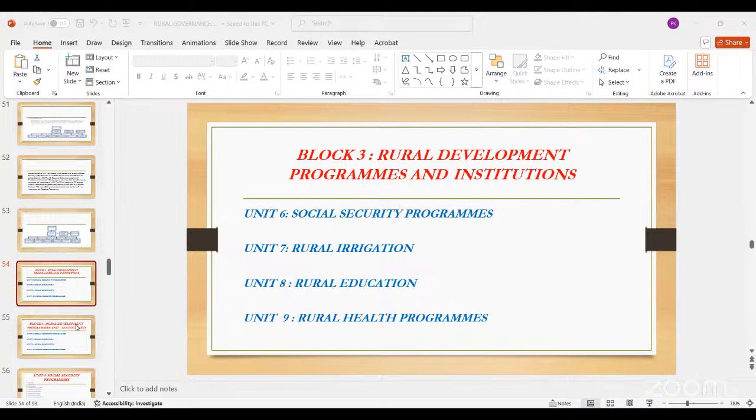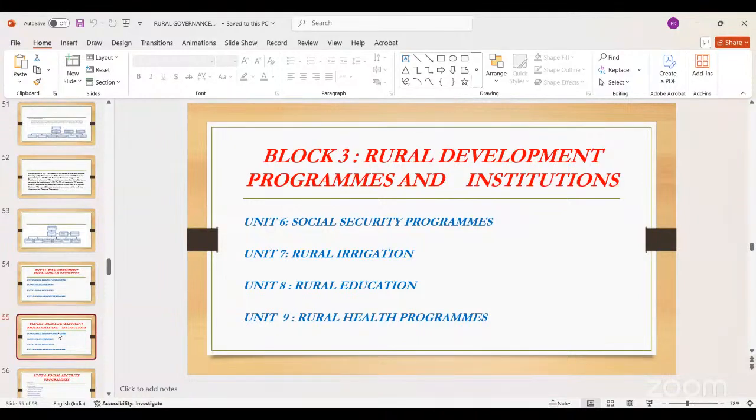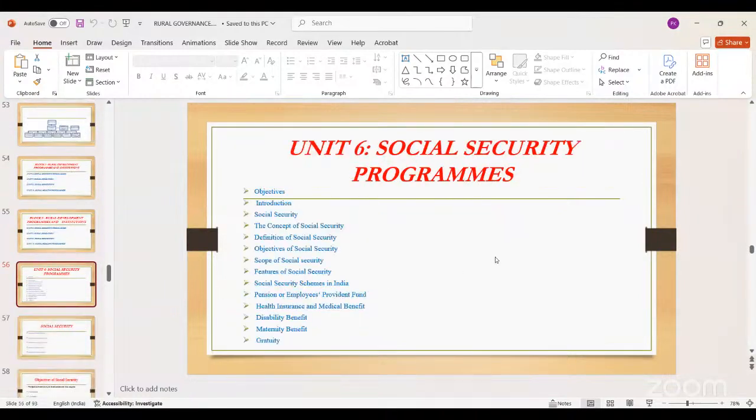So let us start with our social security programs, that is unit 6. So in this unit of social security programs, we'll try to cover these themes. First, we'll look into the objective of this unit.